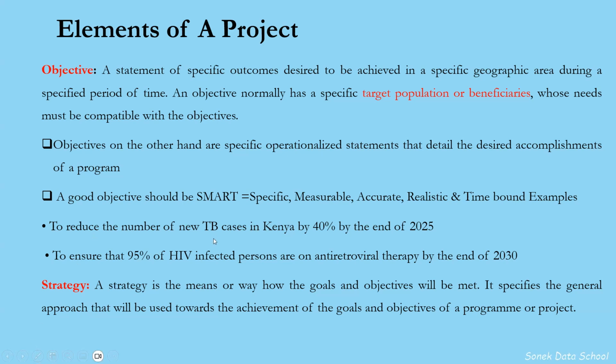Another element of a project is strategy. Strategy is the means or a way how the goals and the objectives will be met. So, how are you going to ensure that the goals are met?